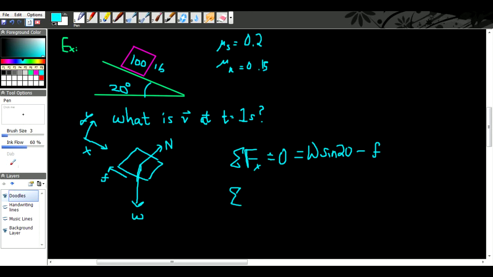And the sum of the forces in the y direction is equal to 0, which is the normal force, in the same direction as y. I know I didn't draw it like that, but it's the same as the y direction because this is a right angle. So the normal force minus the weight times cosine of 20 degrees. This angle right here is 20 degrees.